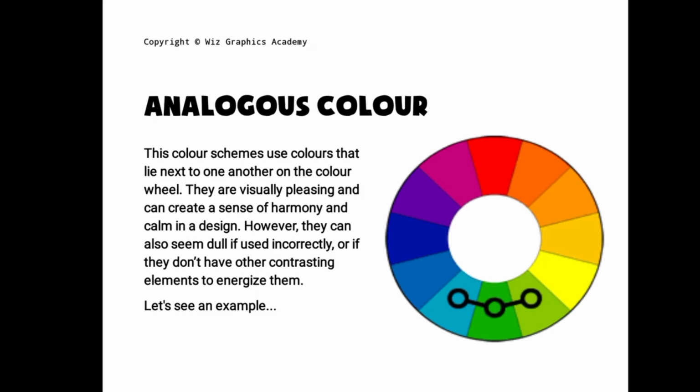The next type of color is the analog color scheme. This analog color scheme entails you using the same color in a particular range, in the base range. This color scheme uses colors that lie next to one another.